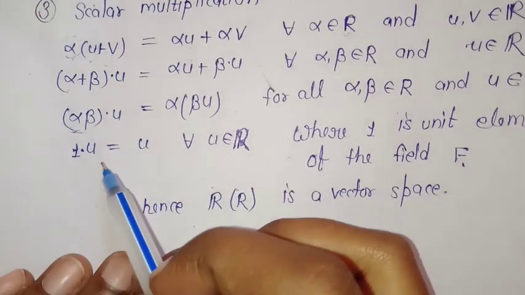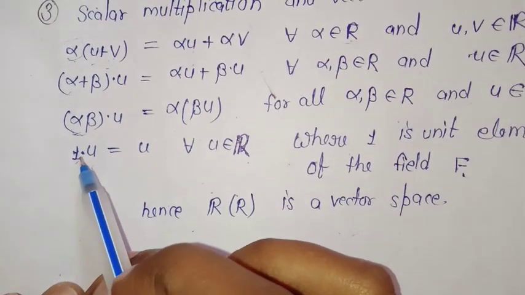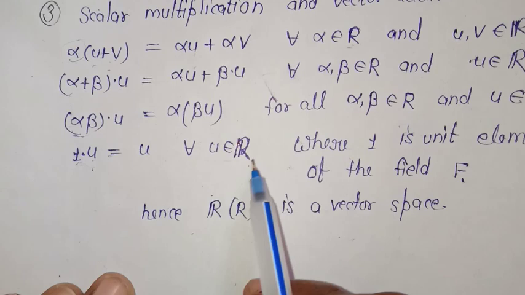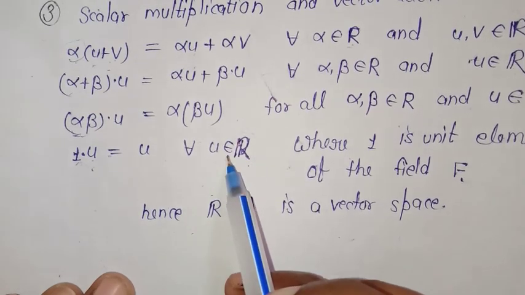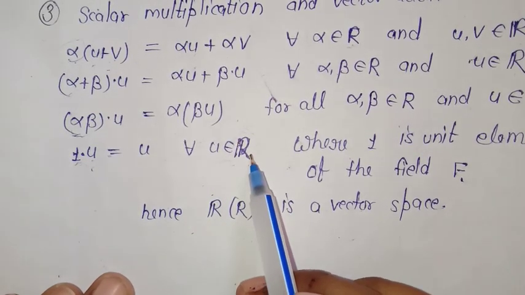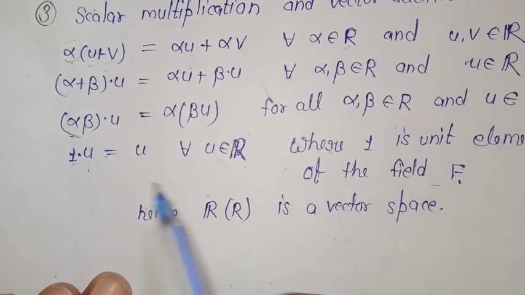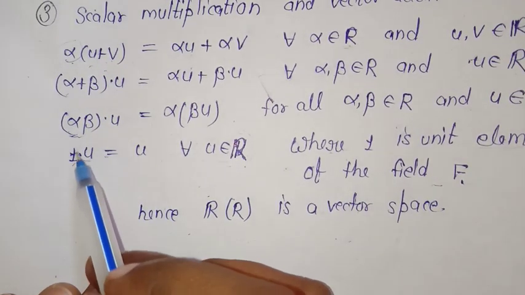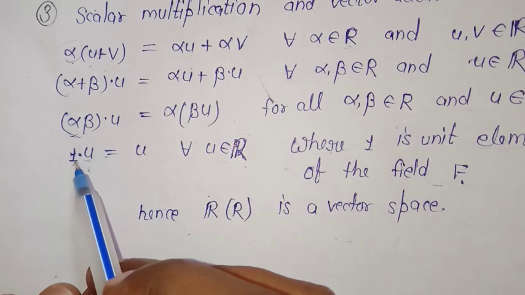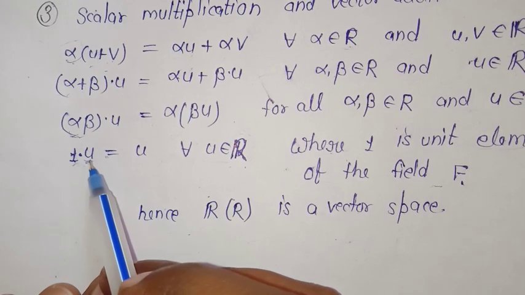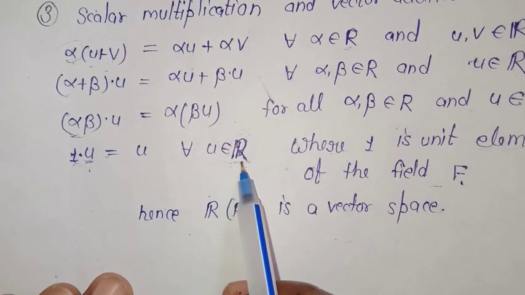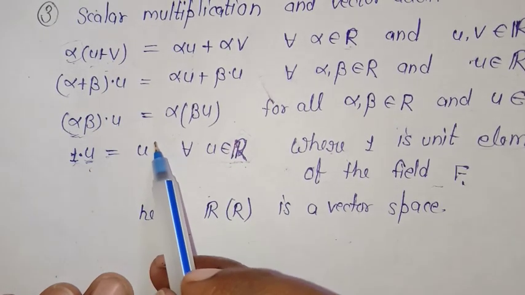The last and most important property is that 1 dot u equals u, and this is true for all u belonging to bold R. That is, if you take the unit element of the field F and take the external composition of this element with any element of the vector space V, you will always get the same element.